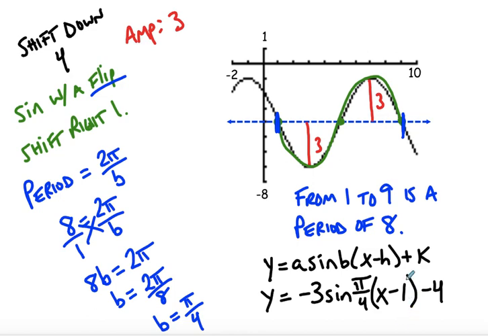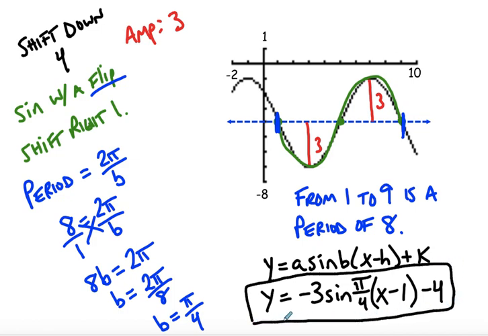Let's see. Oh, on this one, I just wanted to show you an alternate answer. So that's the answer we got. But let's say you were looking at this and you were thinking, I don't see the sine, I see cosine. So for example, if you started here and ended here, that would be a cosine graph.